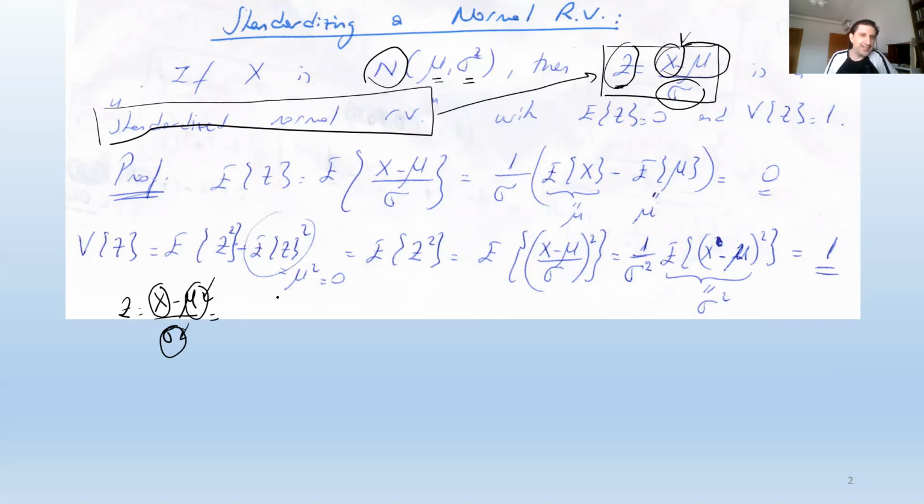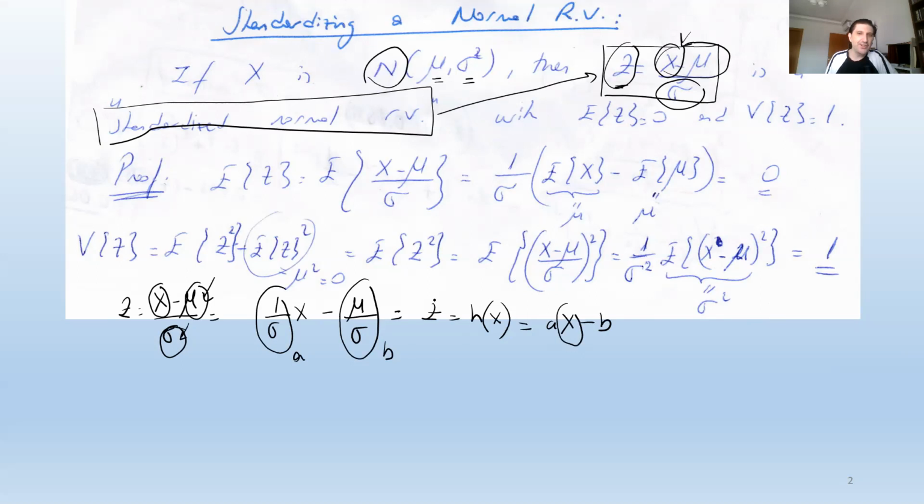Therefore, you can easily write this as Z being simply a function of the random variable X, and you may call this A, and you may call this whole thing B. So this is going to be equal to AX minus B. So we have another random variable which we call Z. Now what about the properties of that random variable?